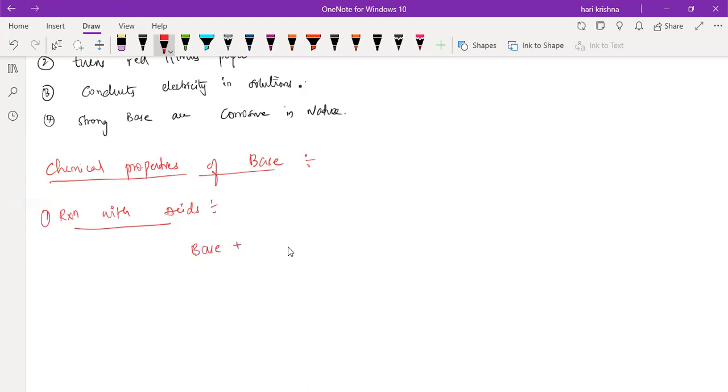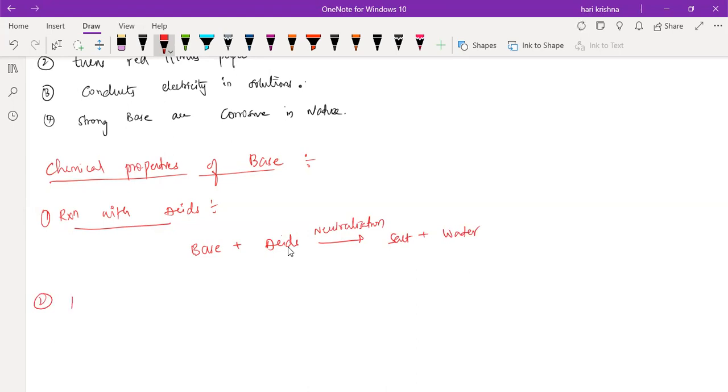Base plus acid, we studied already above. Neutralization always forms salt plus water. So they dissociate to give hydroxide ions.